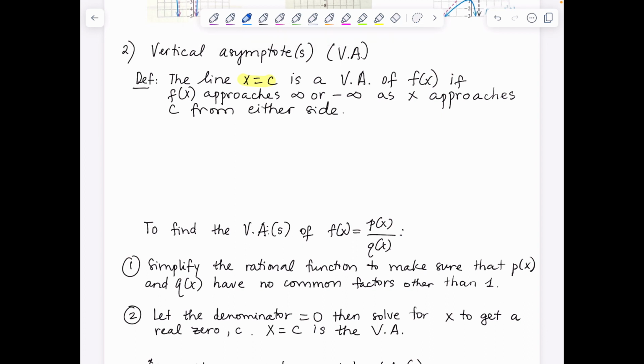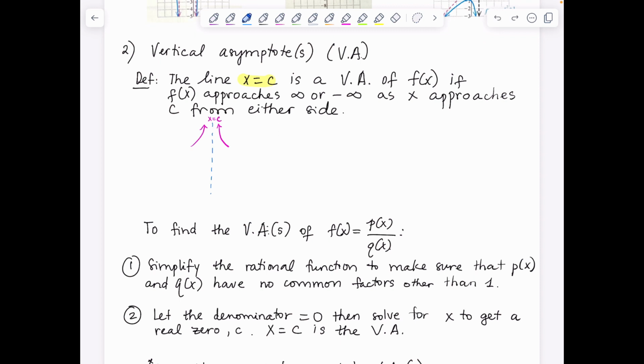First scenario could be where, let's say this is your vertical asymptote, and the behavior of the graph could be going up on both sides of that vertical line. So as you see, f of x approaches infinity in this case as x approaches c. This vertical line is the line x is equal to c. It's approaching c from both sides.